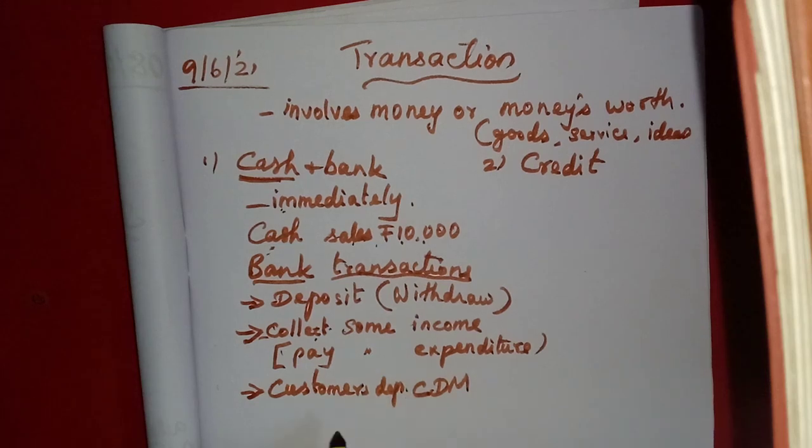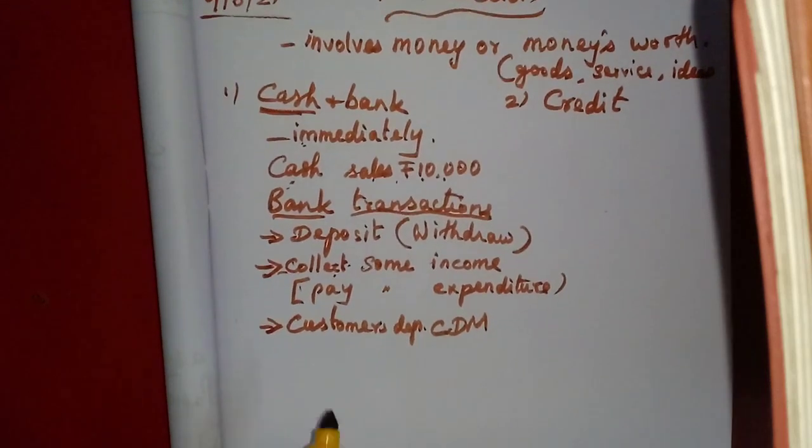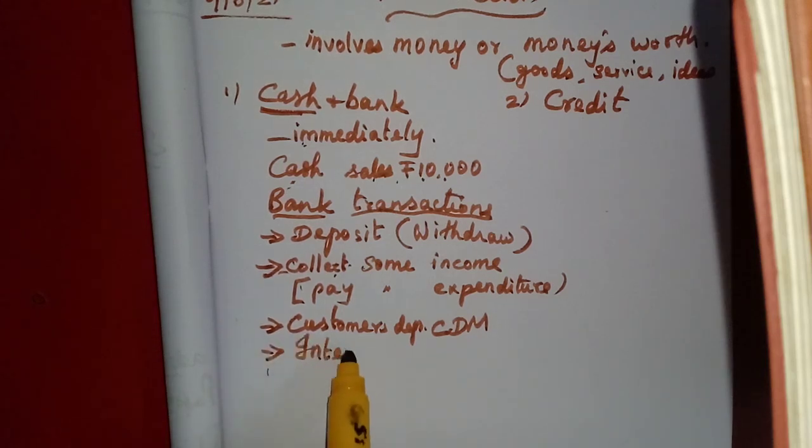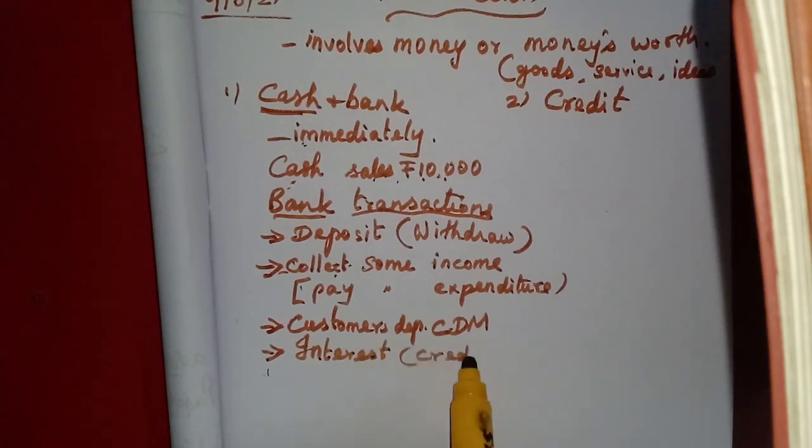Here it is an income. Or the bank will credit some interest on our deposit. So interest will be credited here.